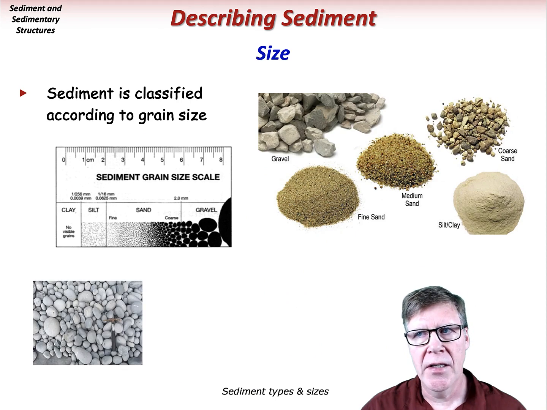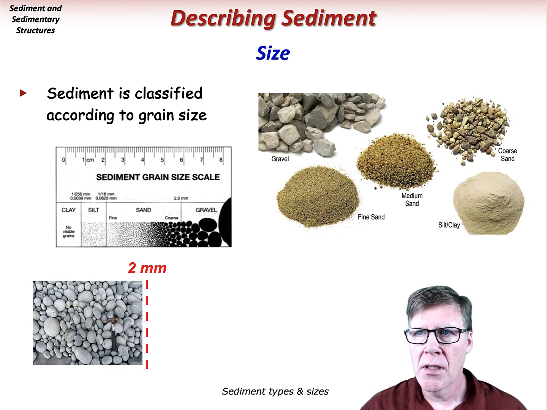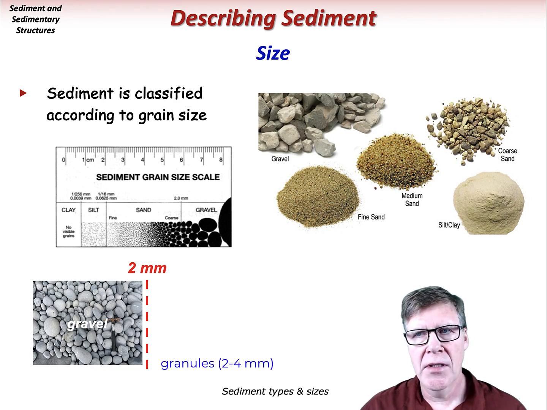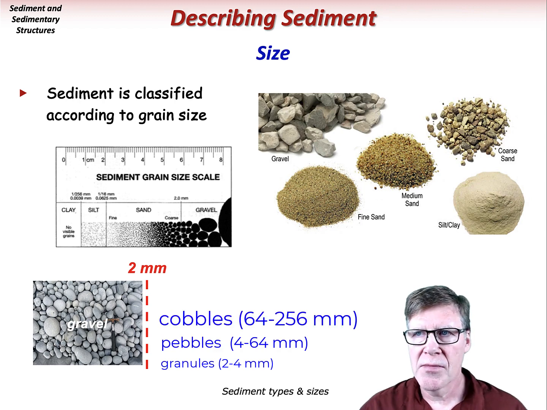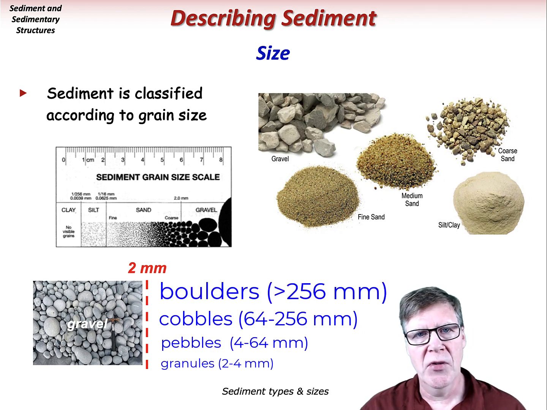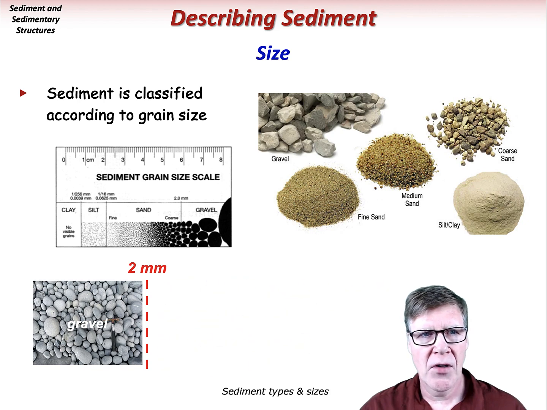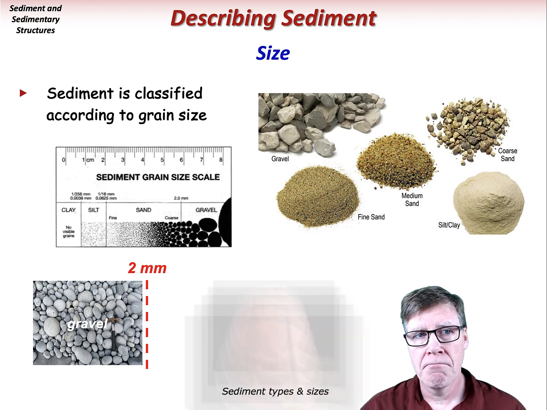Particles larger than 2 millimeters in diameter, or about 1/10 of an inch, are classified as gravel, which includes granules, 2 to 4 millimeters in size, pebbles, 4 to 64 millimeters, cobbles, 64 to 256 millimeters, and boulders, anything greater than 256 millimeters in size. That's almost 26 centimeters, a little bit larger than a basketball. It's a pretty big particle.